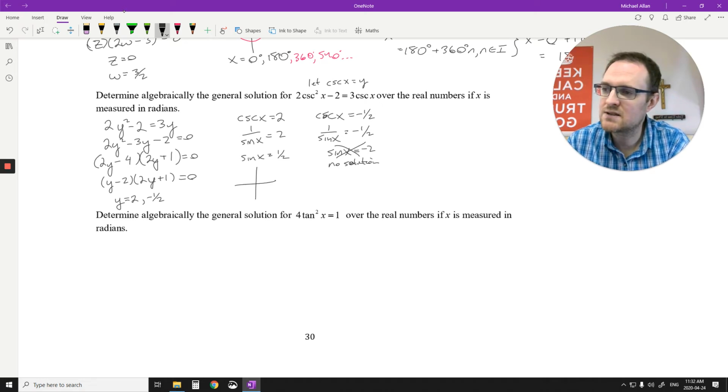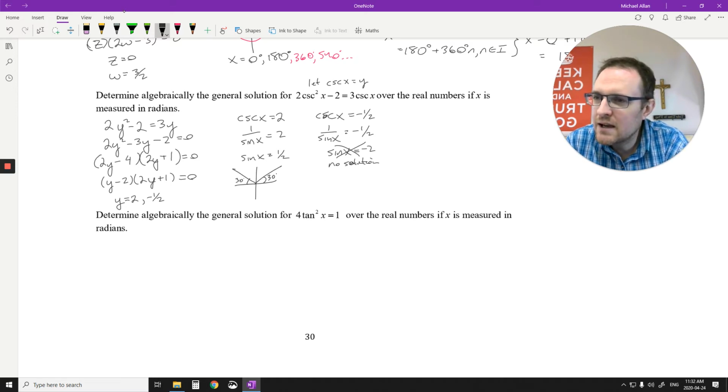Okay, so sine is positive in 2 quadrants, and also this is a 30-degree reference angle, sine a half, 30 degrees, and it's positive in these 2 quadrants. Okay, and we're in radians, but let's just deal with x first in degrees, and then we'll change it to radians.